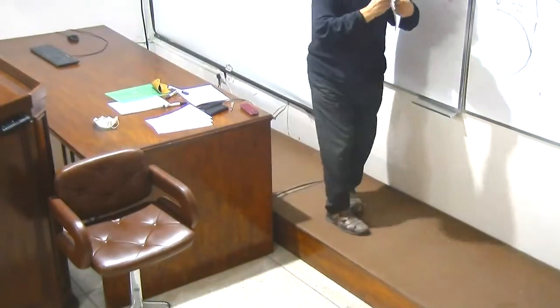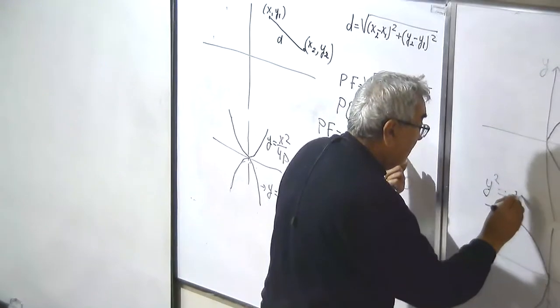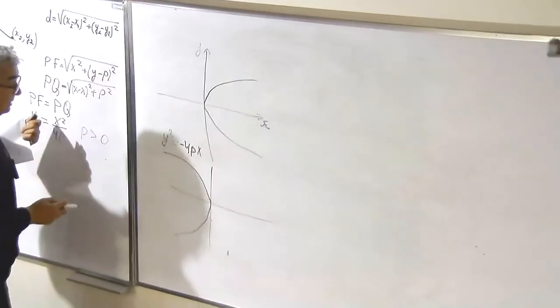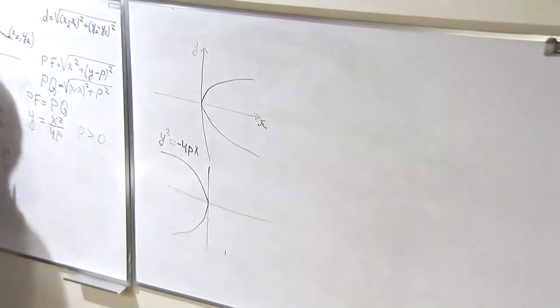That means it should be like this parabola, and the equation y squared should be equal to minus 4px. That means it is possible to have 4 types of parabola.